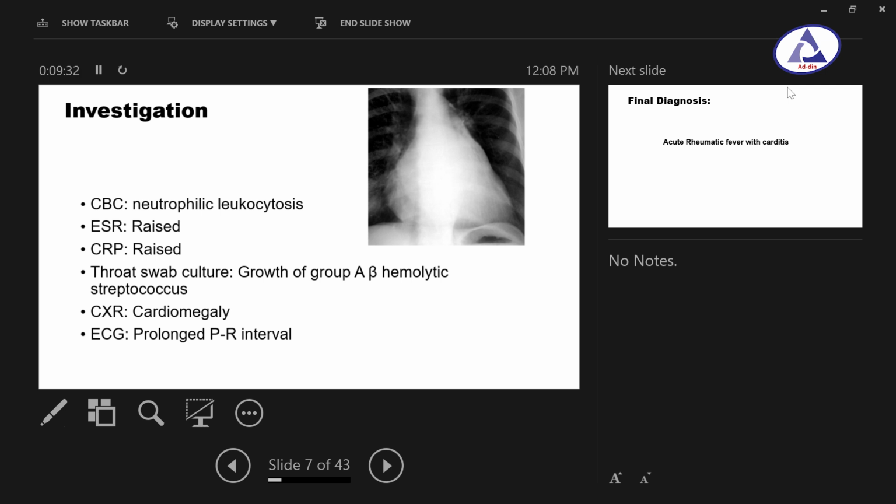Red and hot swollen joint which is migratory in nature, and also had a systolic murmur in the mitral area, and investigation showed neutrophilic leukocytosis, raised CRP, raised ESR, cardiomegaly on chest X-ray, and ECG showed the prolonged PR interval. So, we have the final diagnosis: acute rheumatic fever with mitral regurgitation or carditis.